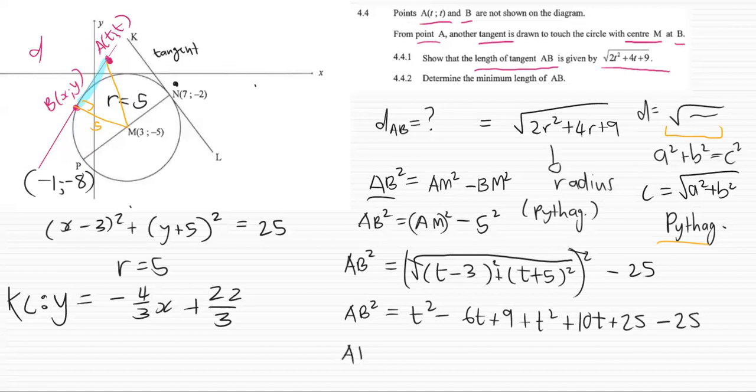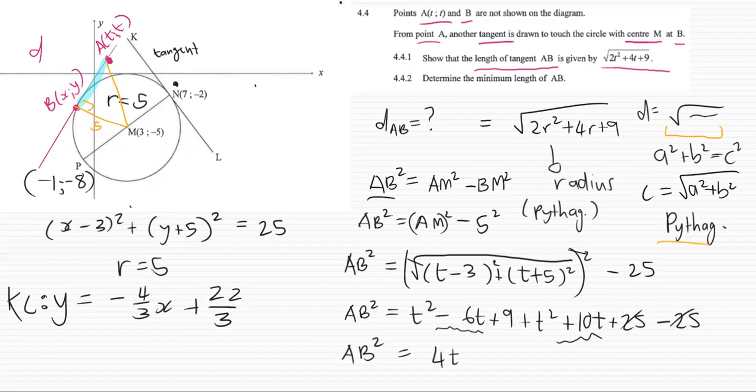We're starting to get somewhere. This is looking pretty good. First thing I notice, the 25s cancel out. We look at like terms. We have minus 6t plus 10t, which gives us 4t.